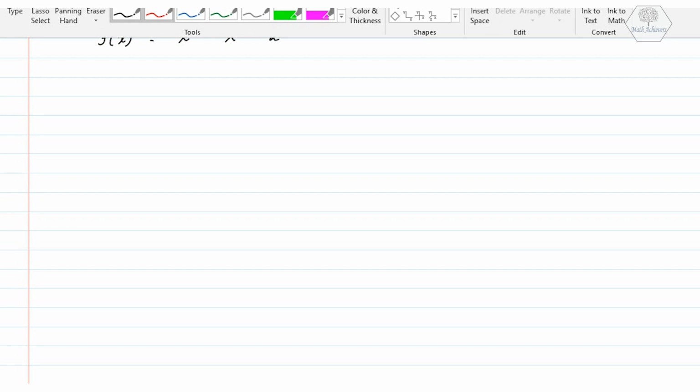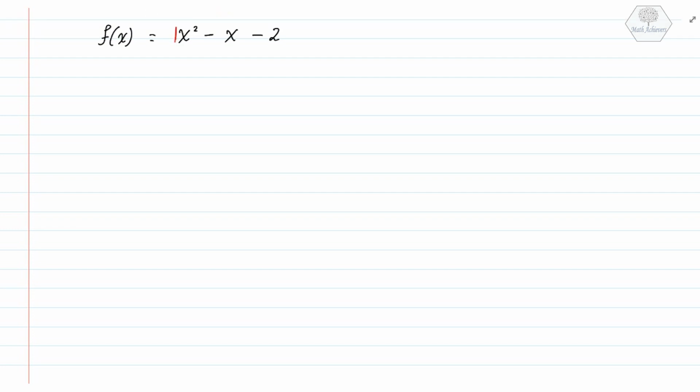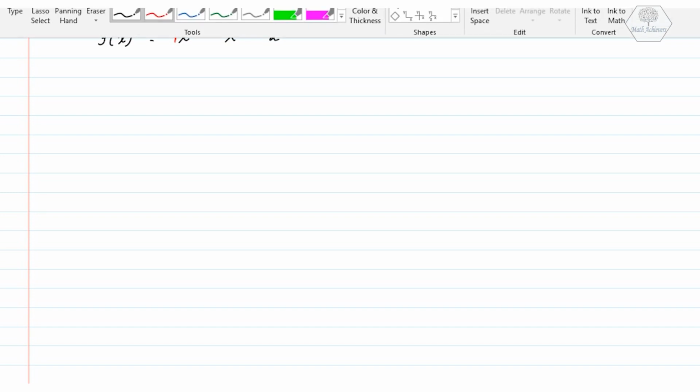Again, to our function, we have f of x is equal to x squared minus x minus 2. The first thing in completing the square, we have to make sure that the coefficient of x squared is 1. Otherwise, we have to take the coefficient of x squared as a common factor to make it a 1.